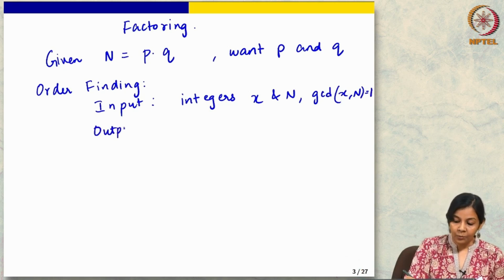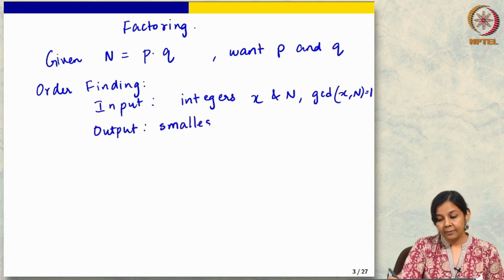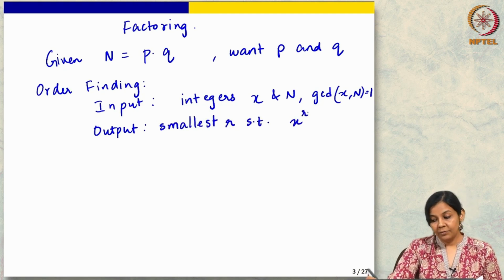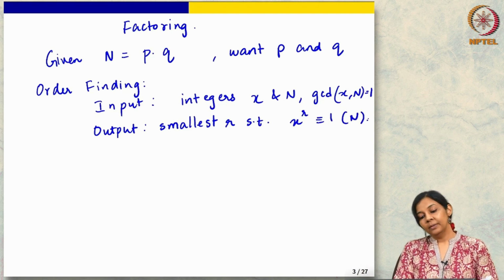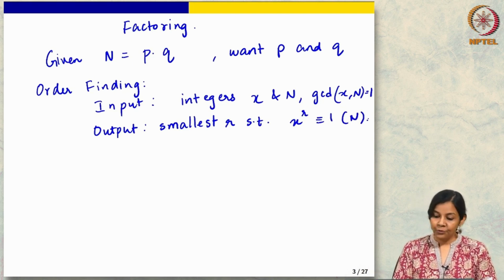And the output is the smallest r such that x to the r is congruent to 1 mod n. So this is as the name suggests. You're given some input and you want to find its order in the group.